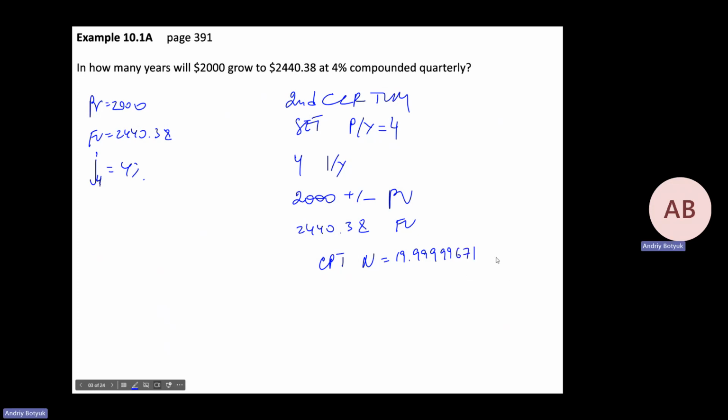So those are quarters, right? Yes or no? So when I divide by 4, that's 4.99999 years, or 5 years. Okay.